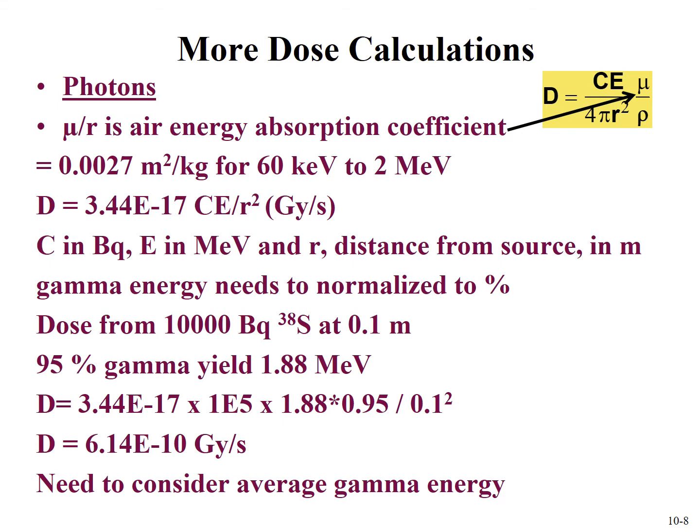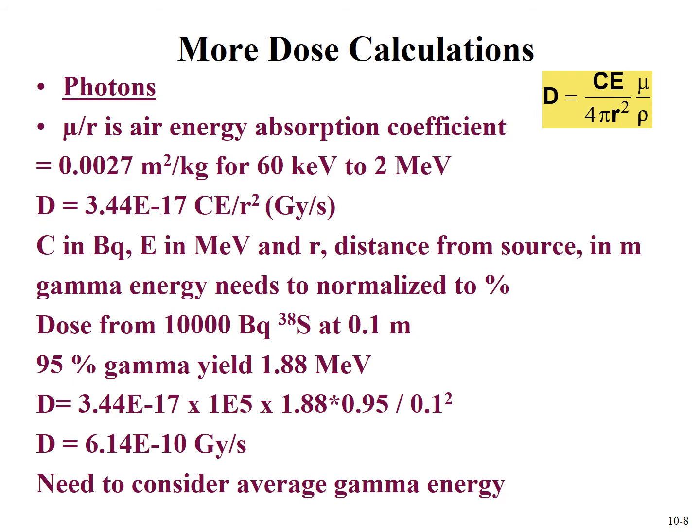We can take our dose term here, we can rearrange it into grays per second as we did for beta and alpha particles, and we get a value shown here, 3.44 times 10 to the minus 17 C, which is our activity in becquerel, times E in MeV, divided by R squared, where R is a distance in meters.